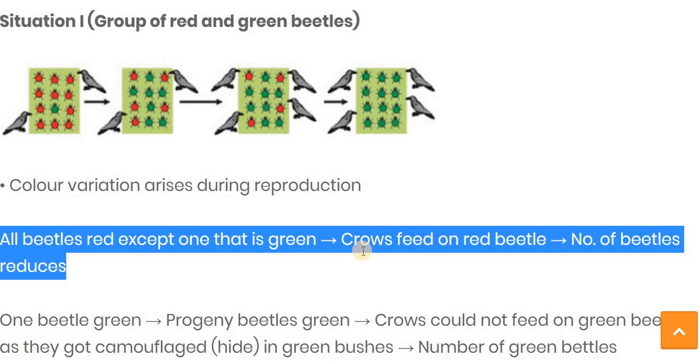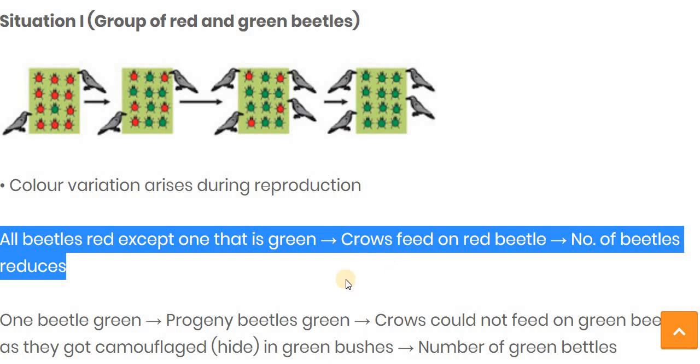A red beetle can easily be spotted by the crow, and the crow can easily eat it. So for survival, the red beetle converts into a green beetle through color variation.